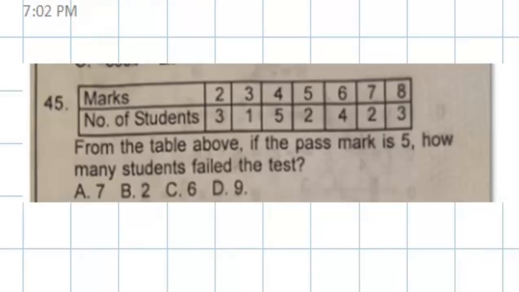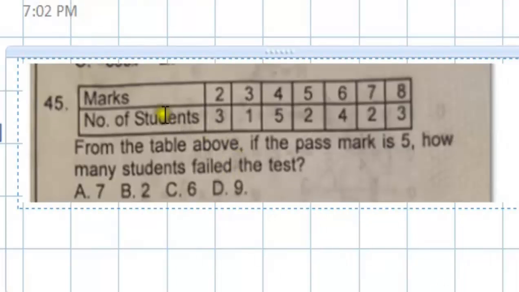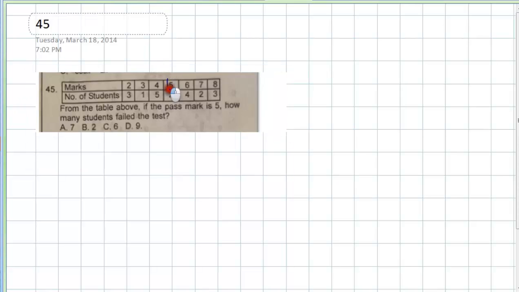Question 45 gives us a chart, and it has marks and a number of students that achieve those marks. And then it says, from the table above, if the pass mark is 5, how many students failed the test? So the pass mark is 5, and they want to know how many failed.